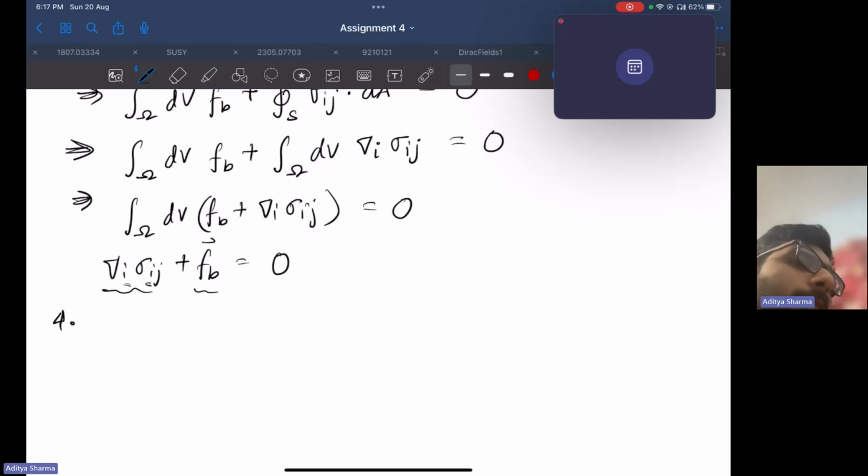So if we want to know what the stress is, given the body forces, we need to solve this equation, and we need to solve it with the appropriate boundary conditions.